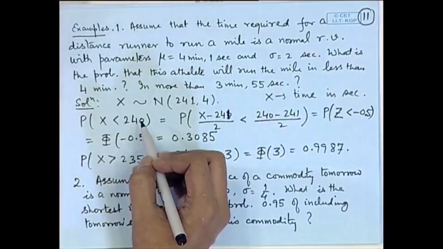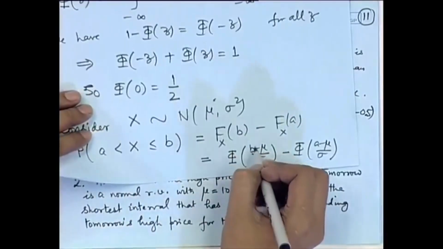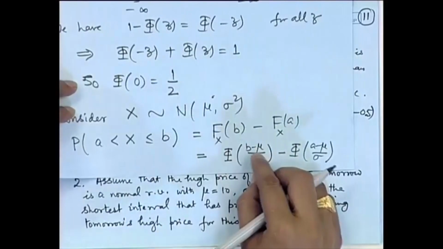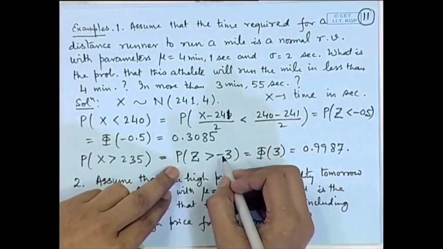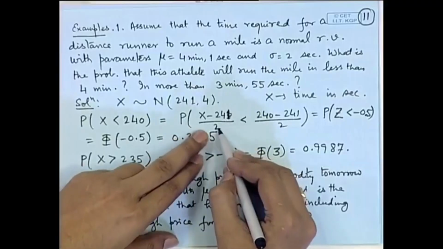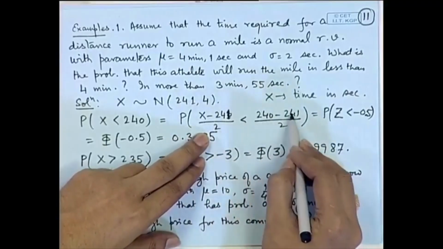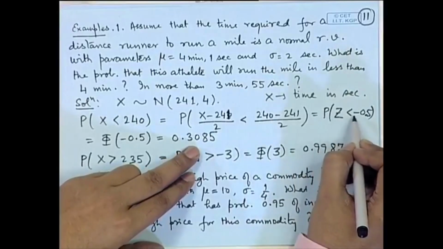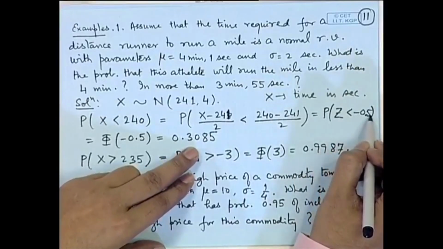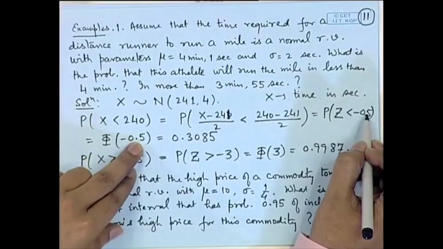So, utilizing this relationship, we can write this as probability of (x minus 241) by 2 less than (240 minus 241) by 2, which is probability z less than minus 0.5, which is phi of minus 0.5.